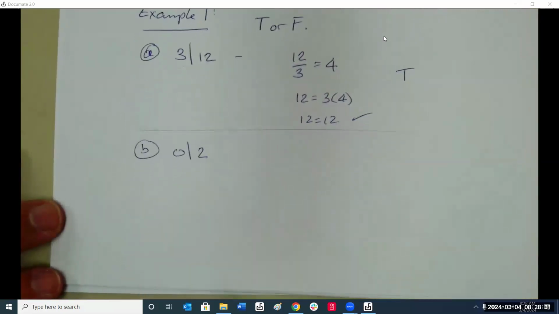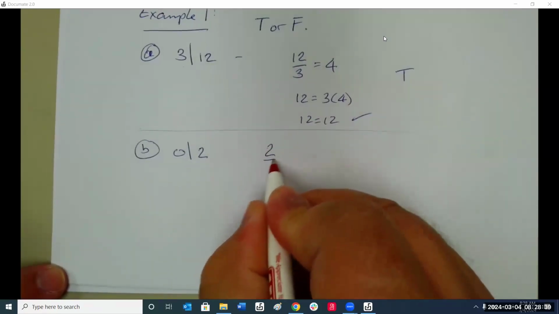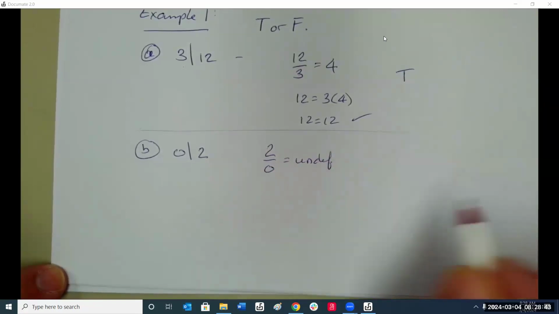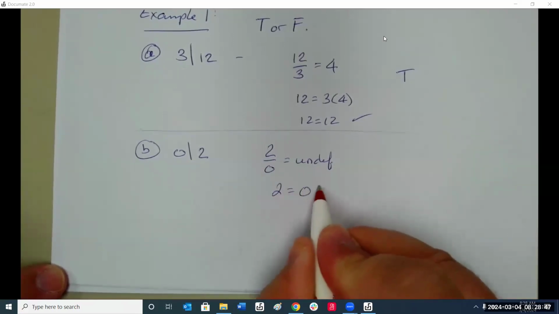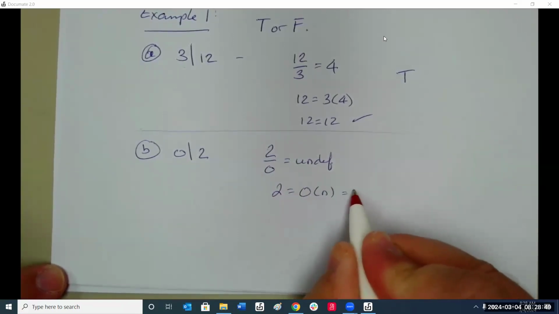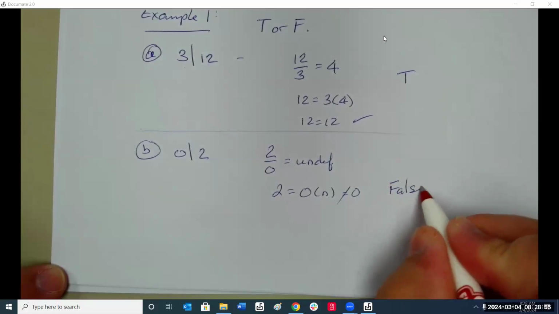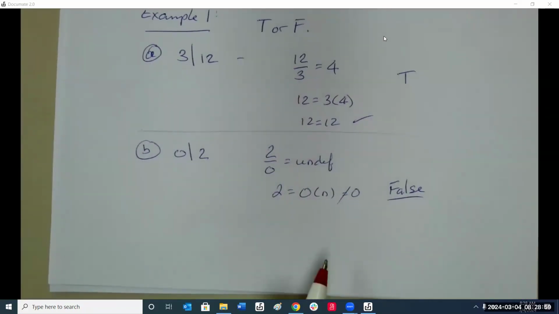So how would this one look? Why? Right, because anything times 0 equals 0. So 2 does not equal 0. So it's false. Besides, anything divided by 0 is undefined.